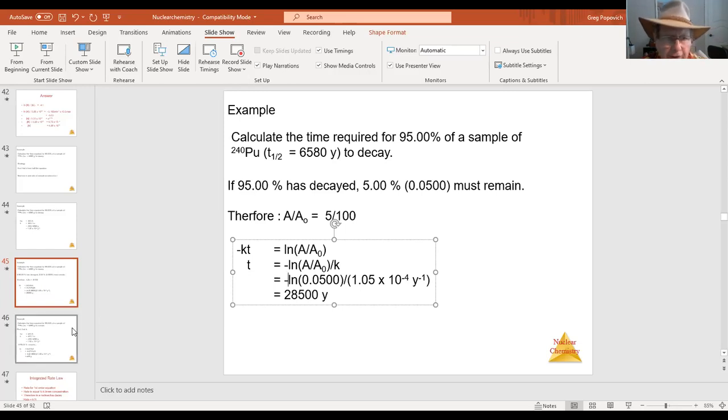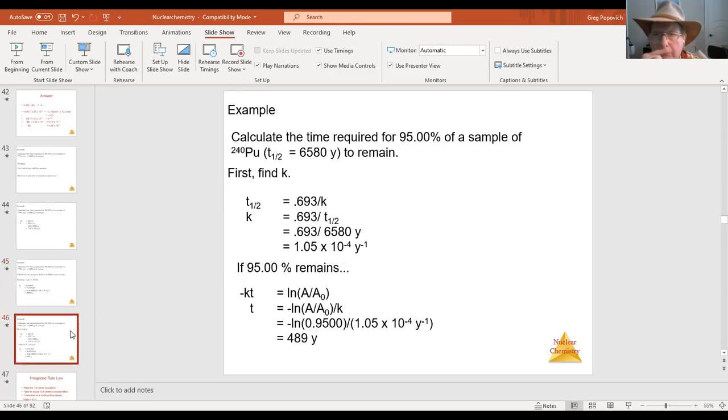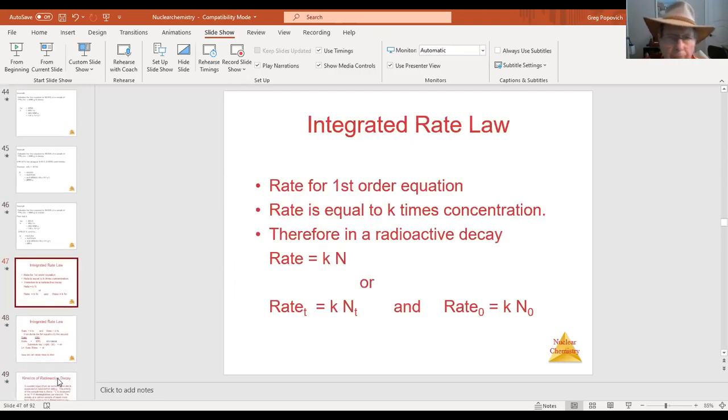Any other questions, ladies and gentlemen? So, if I have the rate law, my rate is going to be equal to k times my original concentration.